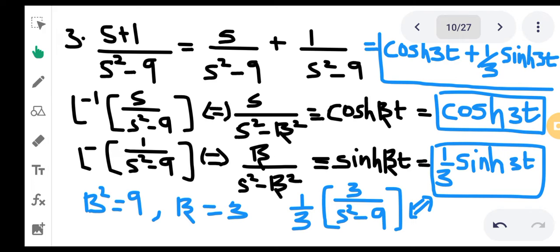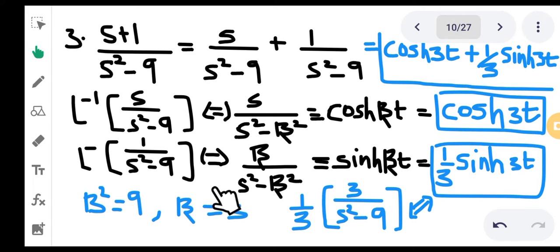It's simple. And also the Laplace inverse of 1 over s squared minus 9. You know that this is not s, it's 1, a constant. So it relates to sine, because the sine here will always have the constant or the beta at the numerator, and s squared minus beta squared at the denominator. So whenever you see something like this, let your mind tell you that you are going to get something like sine.